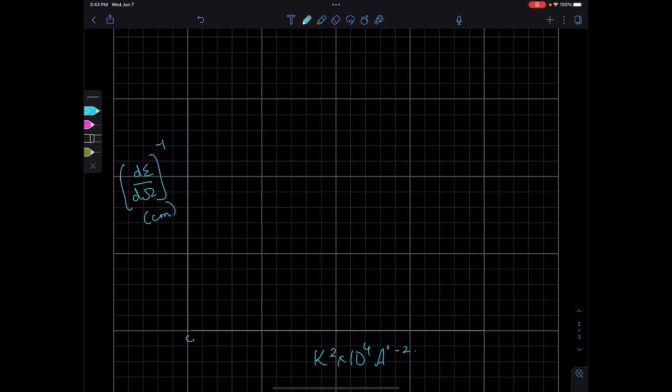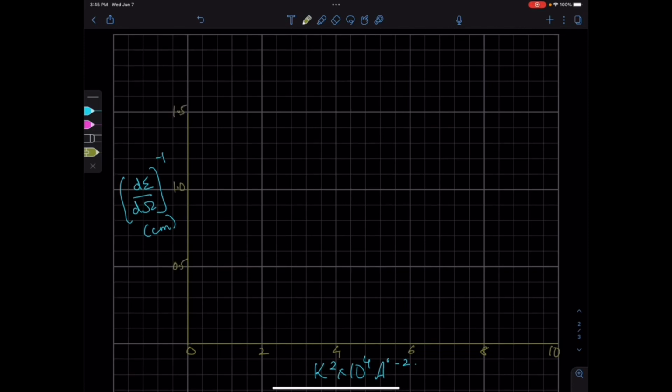So I'm going to start from 0. d sigma by d omega to the -1 has values from 0.5 to 1.20. So the first point is 1.00 and 0.5. The second coordinate is 3.70 and 0.72. The third coordinate is 10.1 and 1.20. So this is the straight line.